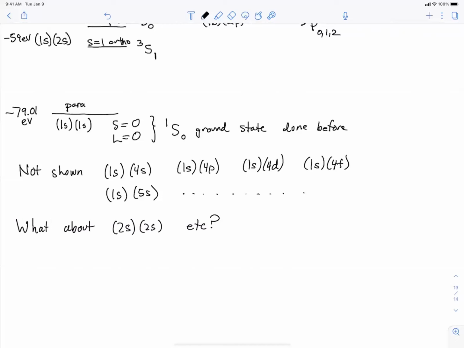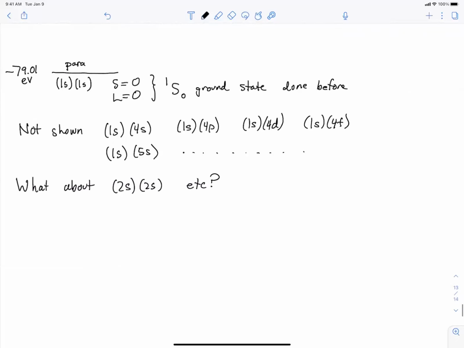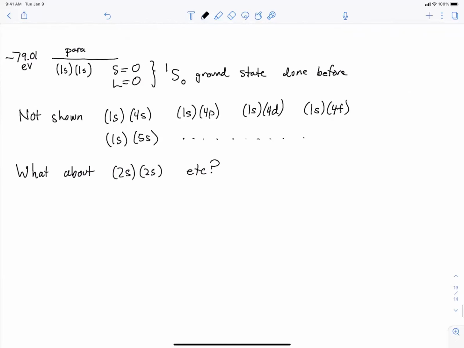So why didn't I draw those? To answer that question, let's do a naive estimate of the energy of those. That's going to be minus Z squared, before including the perturbation. Now if they're both in an n equals 2 state, I should multiply by 1 over n squared, which is 1/4.